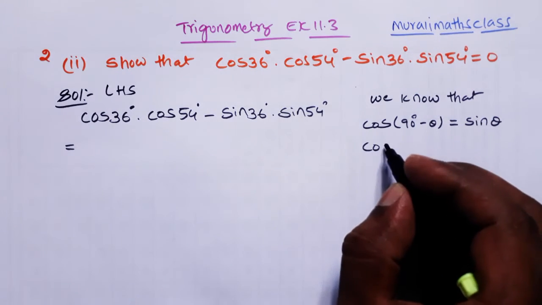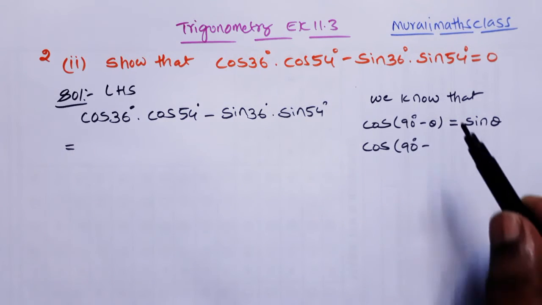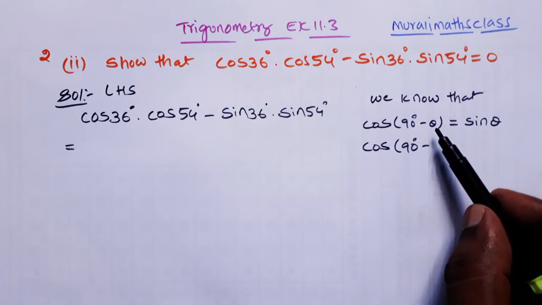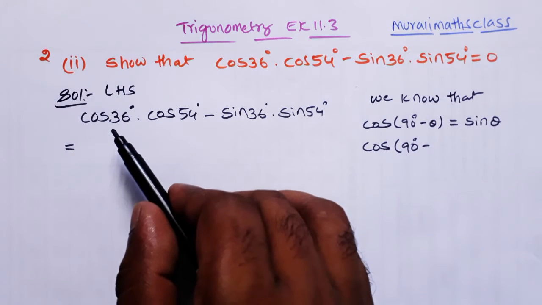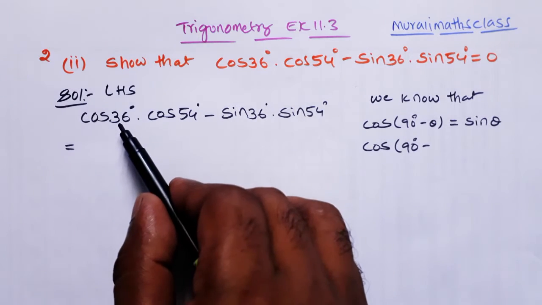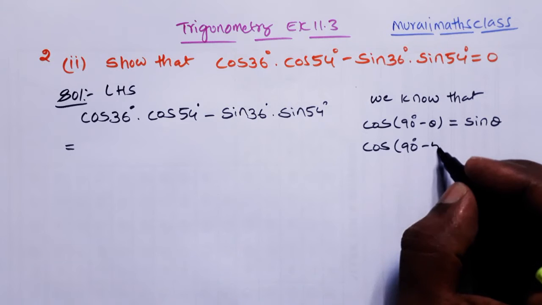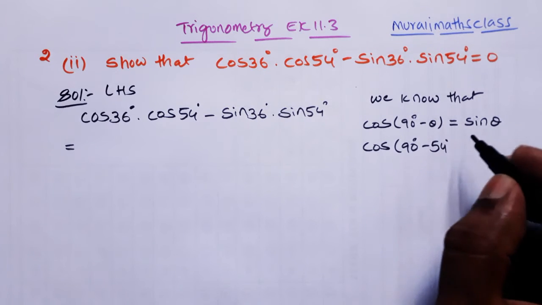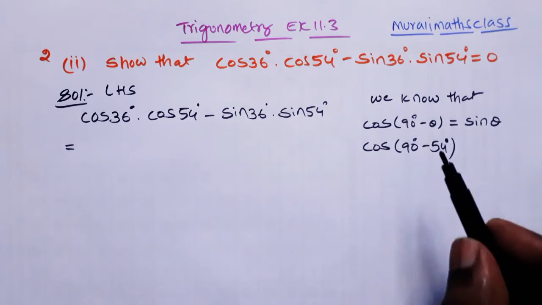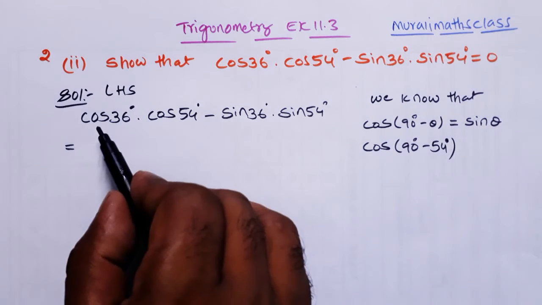See here, cos 90 degrees minus theta. How much do we have to take for this theta to get 36? I am going to take 54, since 90 minus 54 gives 36.